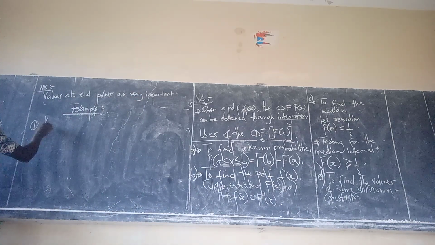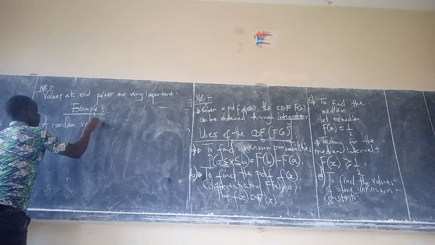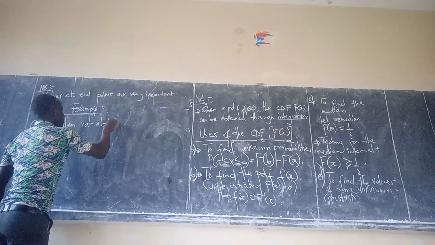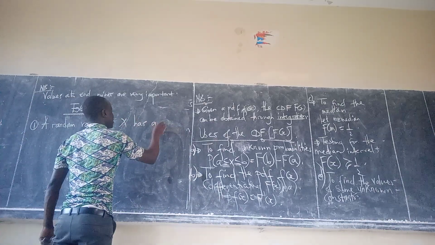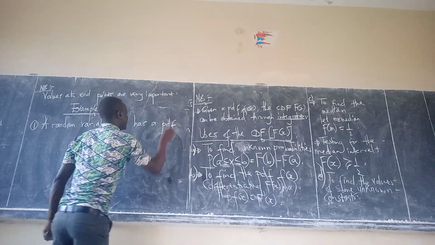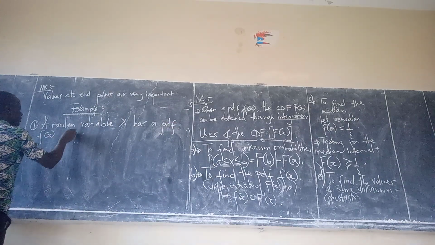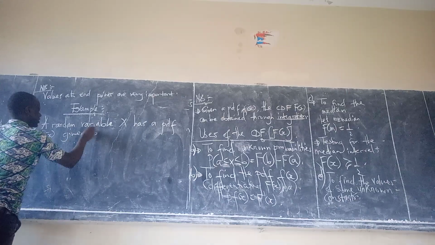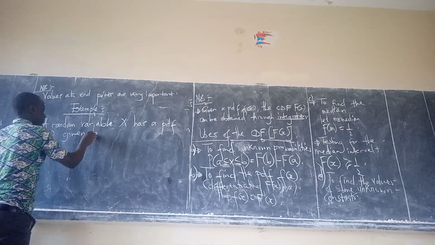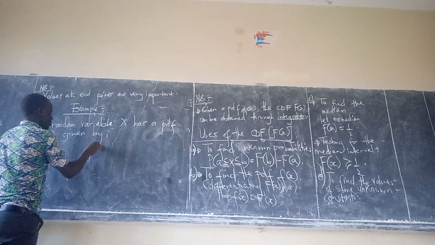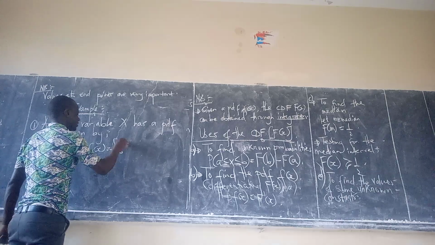So in example 1, we are saying a random variable capital X has a PDF small f of x given by small f of x equals 1/8 x.